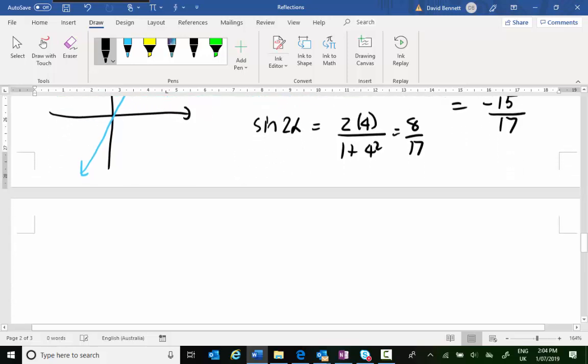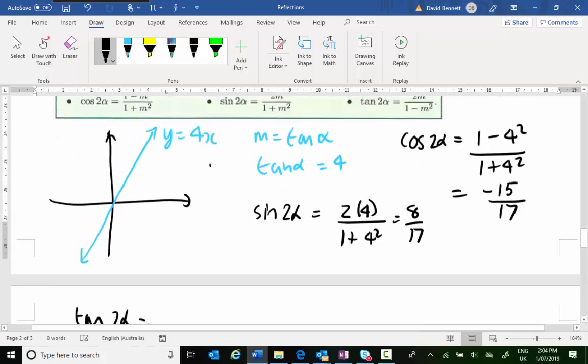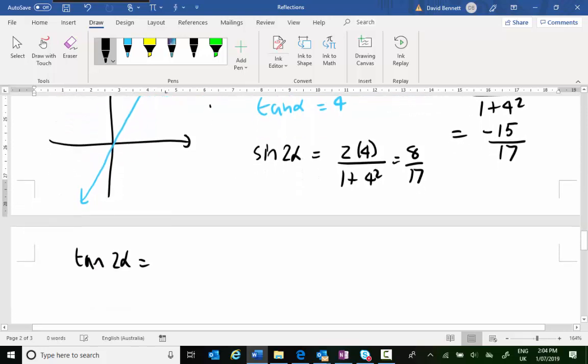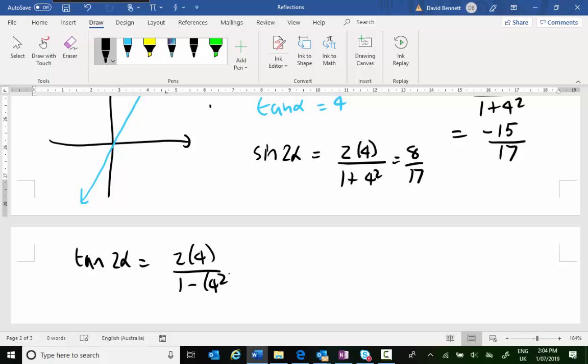Now we know that tan of 2 alpha is equal to 2m over 1 take m squared, so that's 2 times 4, all over 1 take 4 squared, so that's going to give me 8 on minus 15. So they're my values there if I need to use that.